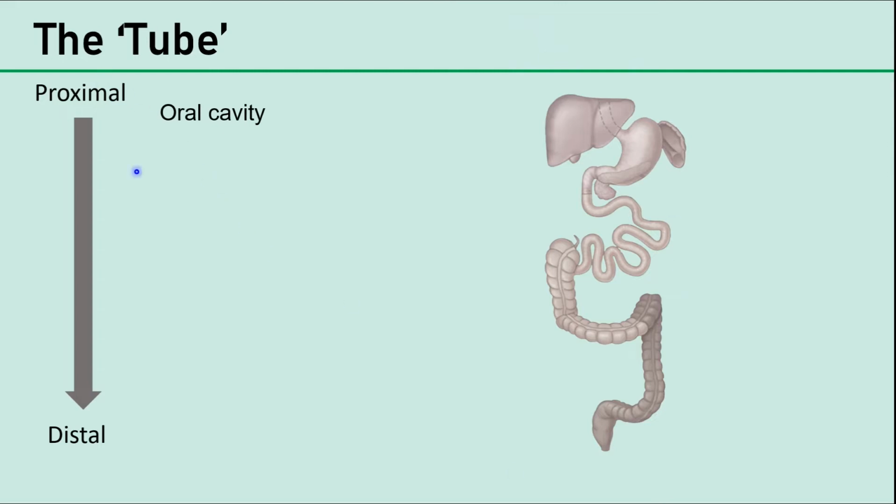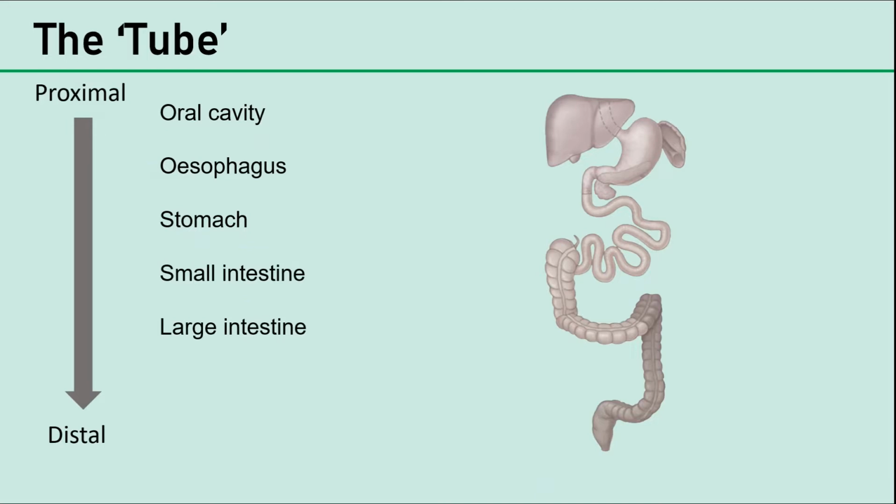And then slightly more distal to the oral cavity, so we're moving distally here, we have the next passage, which is the esophagus, and we can just see this poking behind the liver here and entering the stomach, which is the next organ on our list of the major subdivisions. So food starts in the oral cavity, it then enters the esophagus, then it enters the stomach, then it enters the small intestine, the large intestine, and finally the rectum before it exits through the anus.